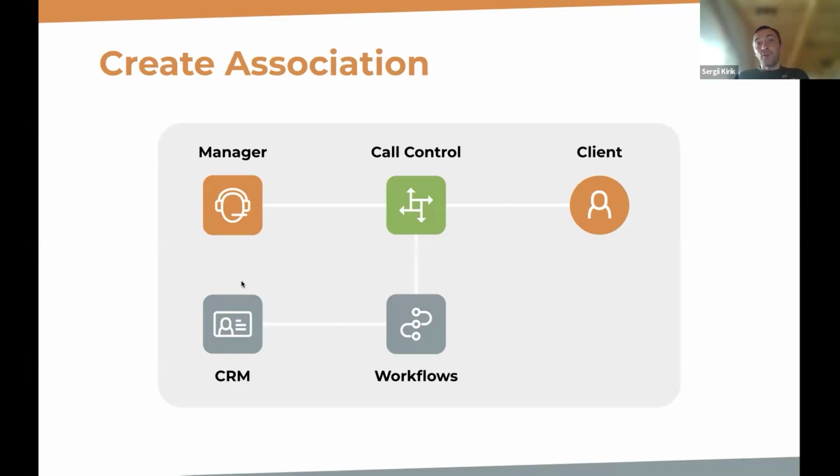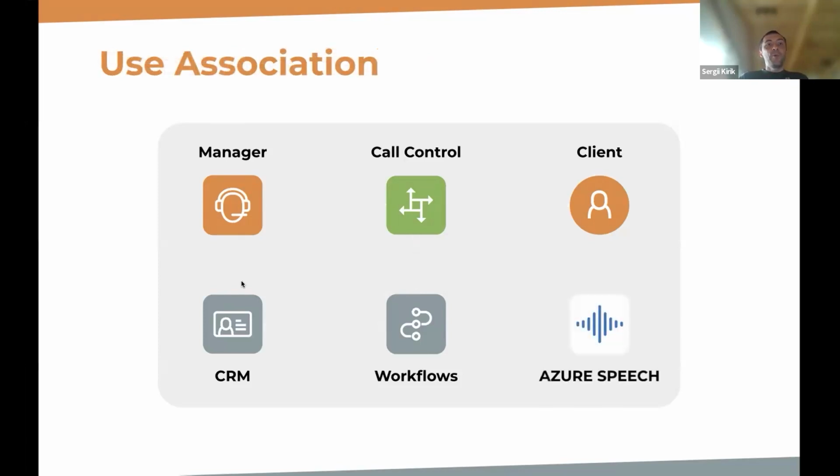Since the association is already here in the CRM, in the next flow we can use this association. So what we have in mind, and what was already implemented, is for example, after a month, the client makes a decision.